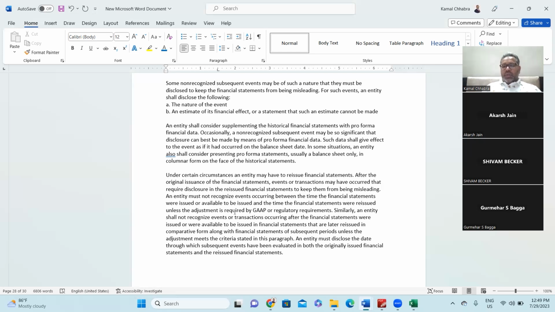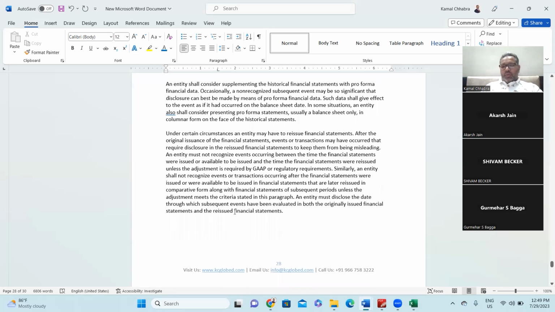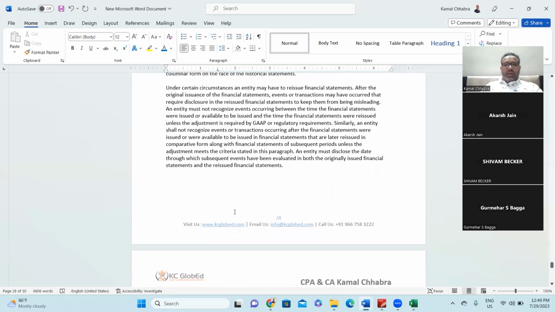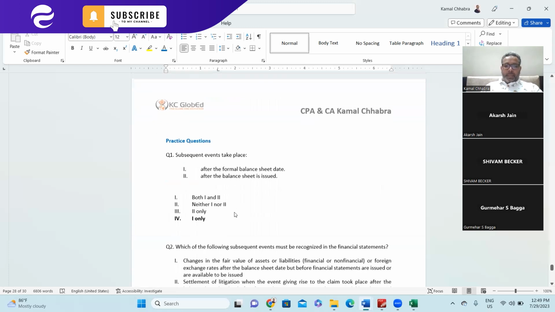So those disclosures are required, even though those are non-recognizing events, if it has material or significant impact for the user of the financial statements. An entity shall consider supplementing the historical financial statements with pro forma financial data, and under certain circumstances an entity may have to reissue the financial statements if those changes are very material, right?